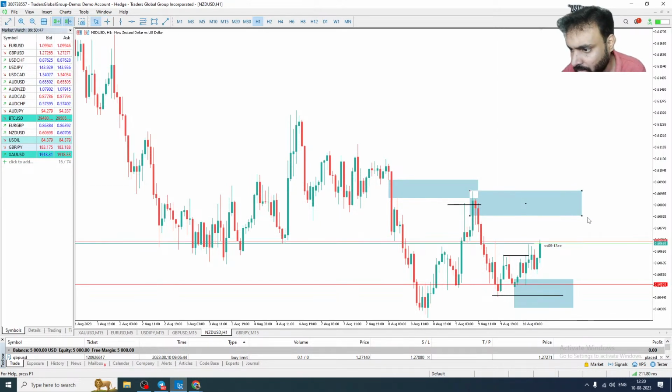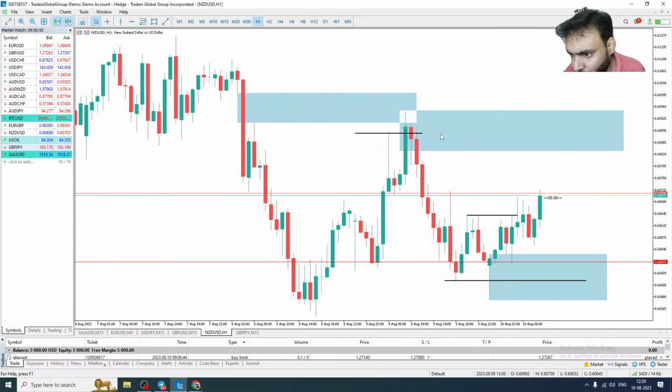That's okay, $12 stop loss. Do we have any opportunity to buy? We have this candle, still 9 minutes left. Once this candle completes, we can consider this a breakout structure.